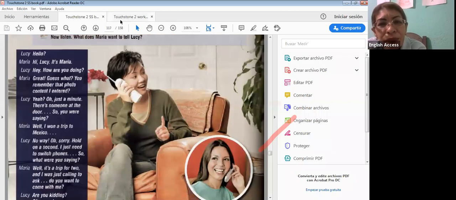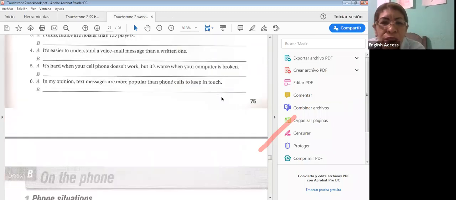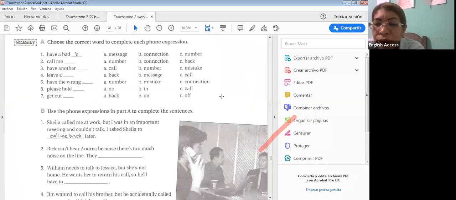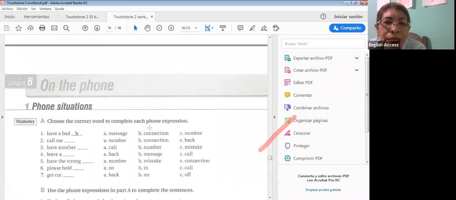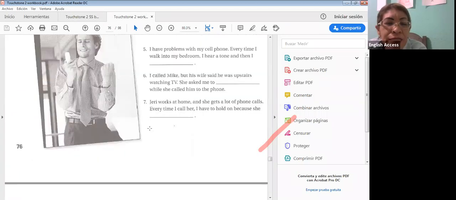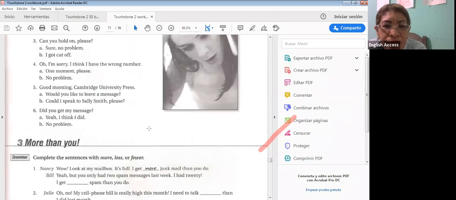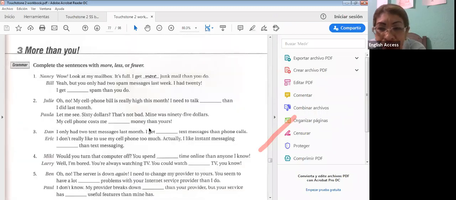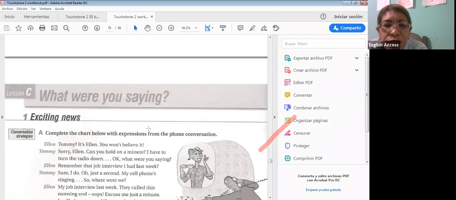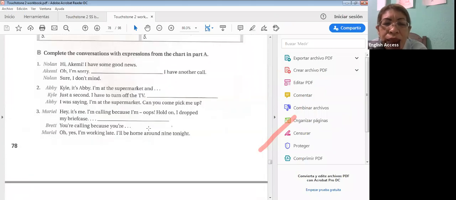So let's talk about the homework. Your homework is going to be lesson B, I mean pages 76, 77, and just the first part of 78.